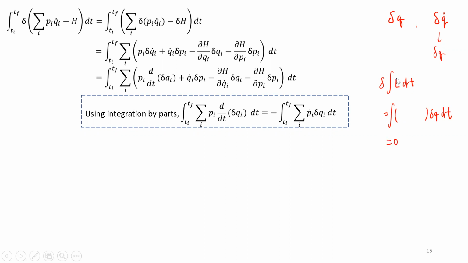So after all the manipulations, all the terms come with delta q, and what's left in front is the Lagrange equation.